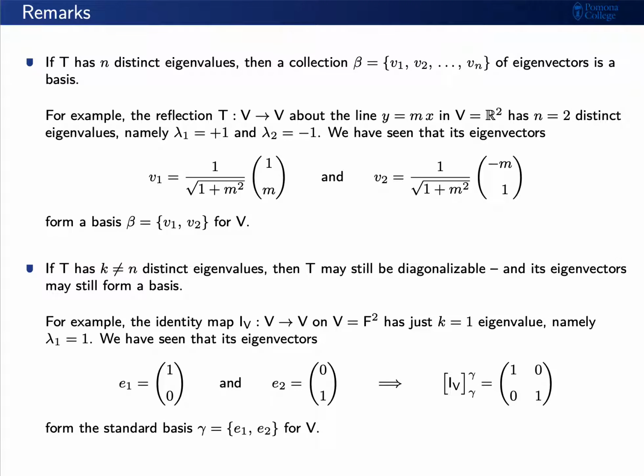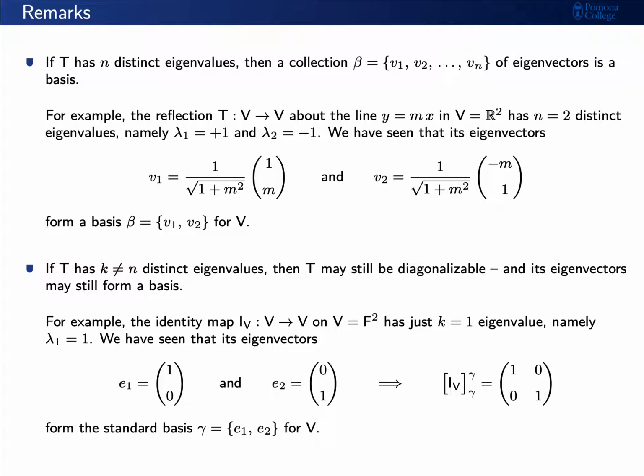However, what if k does not equal n, but T still has k distinct eigenvalues? It may still be the case that T is diagonalizable and that its eigenvectors still form a basis. For example, let's go back to the identity map. We've seen that this only has one eigenvalue, namely lambda 1 equals 1. However, we've also seen that this has two eigenvectors, namely e1 equals (1, 0) and e2 equals (0, 1).